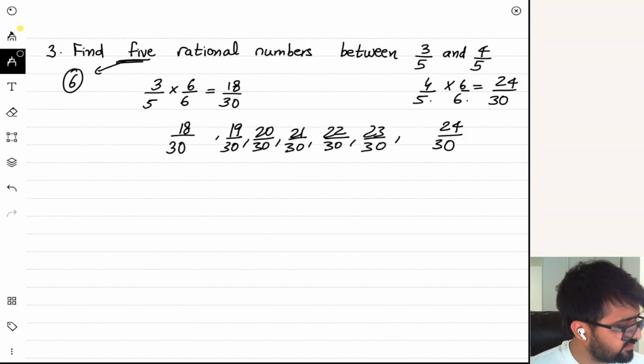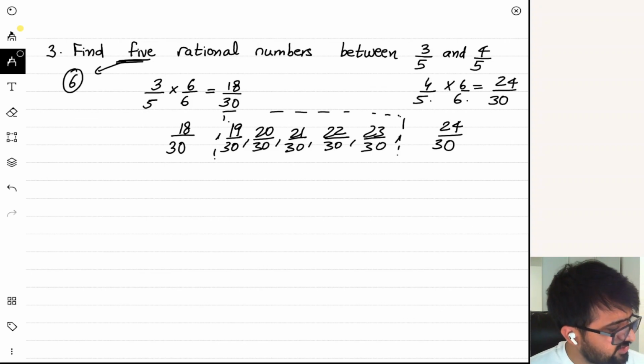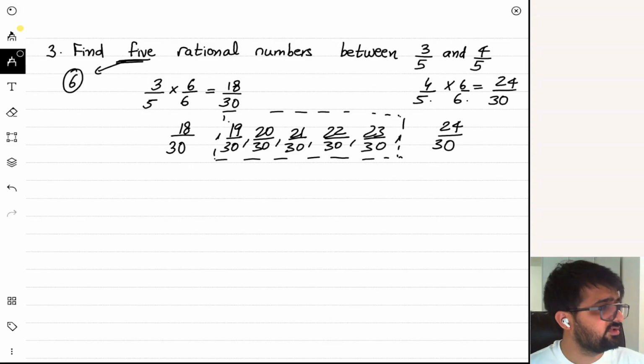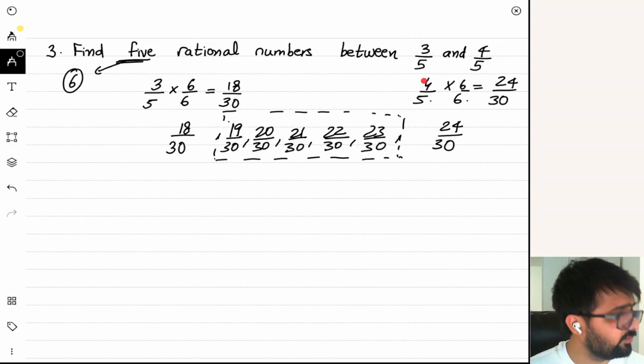You can keep going, but you just need 5 numbers for now. So these are 5 rational numbers between 3 over 5 and 4 over 5. Remember that denominators must be the same in order to use this trick.